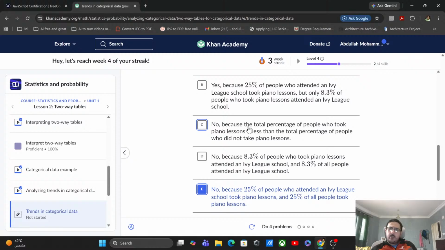This is not correct, no, because the percentage of people who took piano lessons is less than the total percentage who did not take piano lessons.